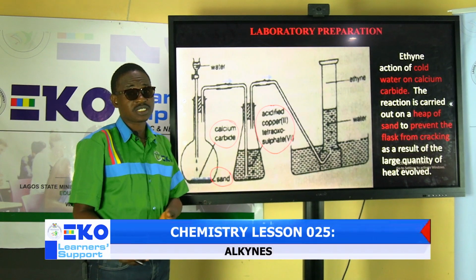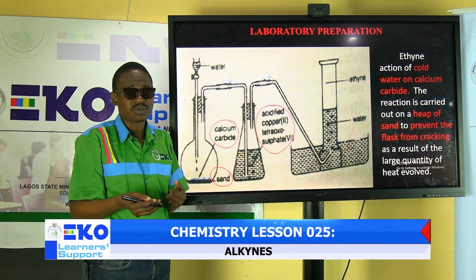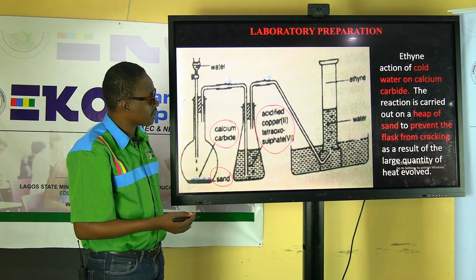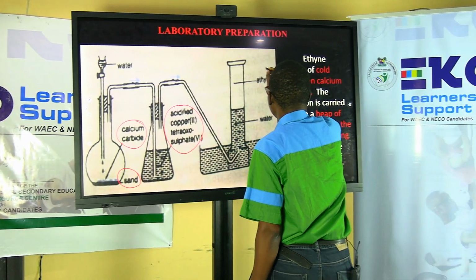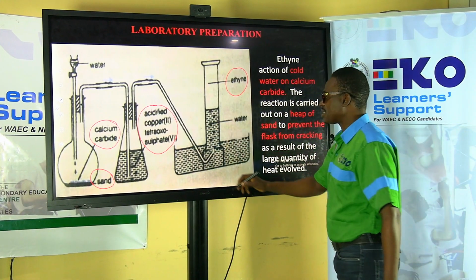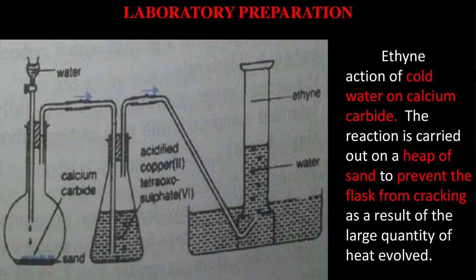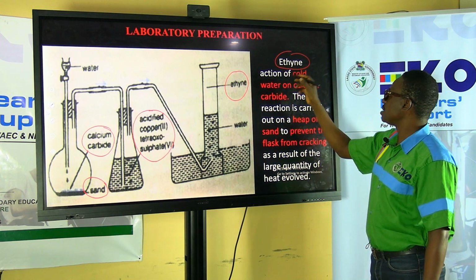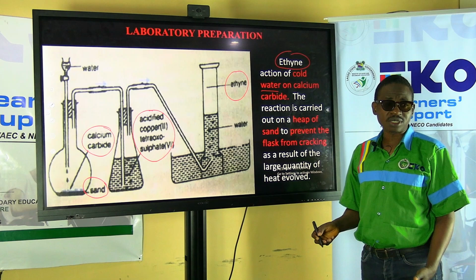What will this be doing? Good. Just to absorb the water and dry the gas. Just to make the gas dried. So the dry gas is obtained by passing it through water. And you need to understand as well that this compound called ethyne, to produce it, you need cold water on calcium carbide.